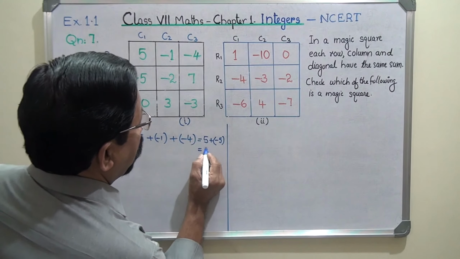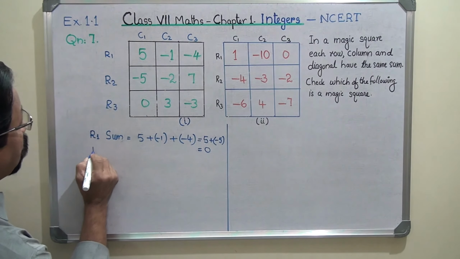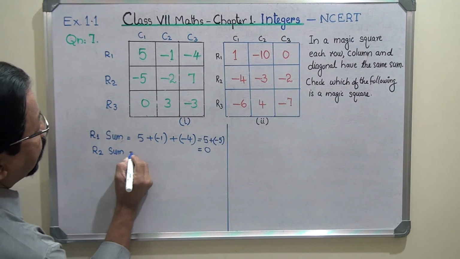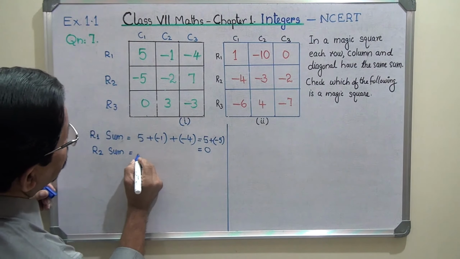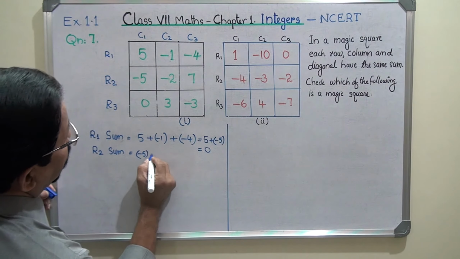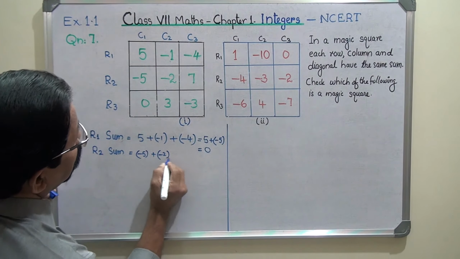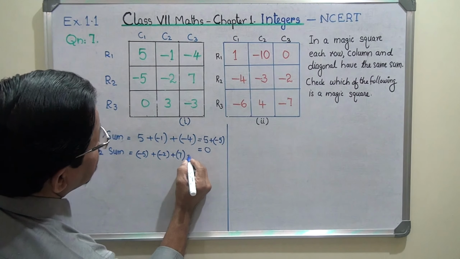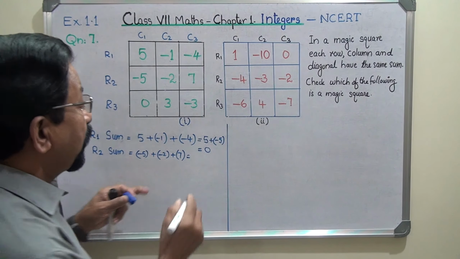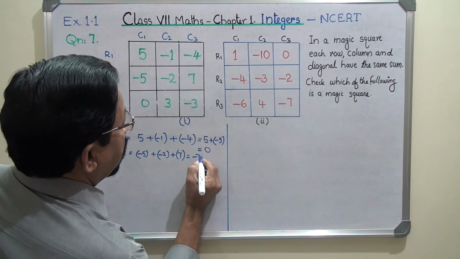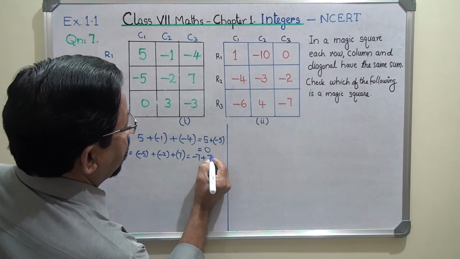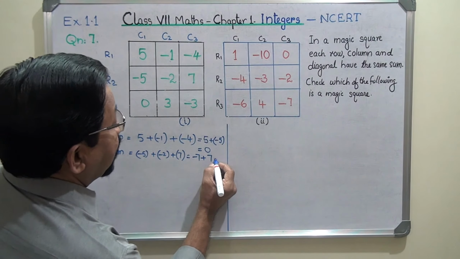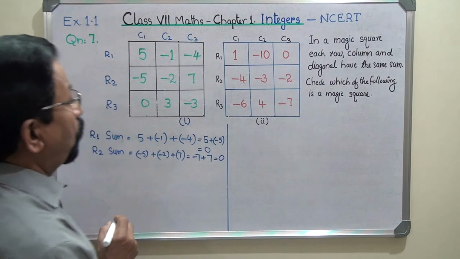So this is 0. What is the sum of R2? R2 sum, the sum of row number 2, equals minus 5 plus minus 2 plus 7. Minus 5 minus 2 is minus 7, plus 7, which is again equal to 0.